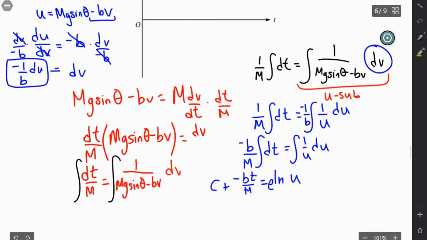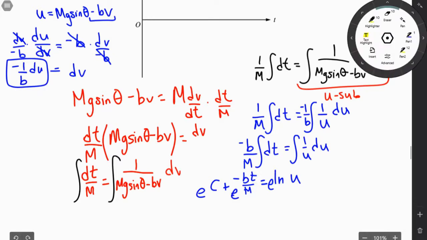I'm going to do e raised to both sides. And now when I do e to the c, hold on, that should not be there, sorry. So e to the c is just going to simply be c. And so I'm going to have c e to the negative bt divided by m equals u.